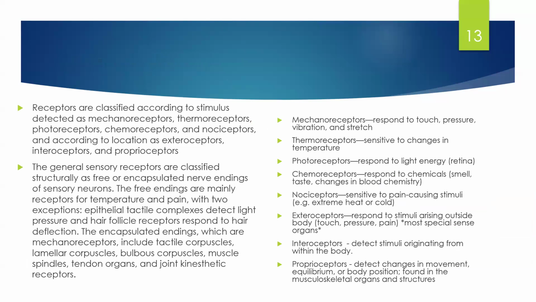So we have exteroceptors, interoceptors, and proprioceptors. And then once you break these down, they're kind of common sense. So thermoreceptors, temperature, photoreceptors, sight, chemoreceptors, chemical things that are happening in the body, mechanical.